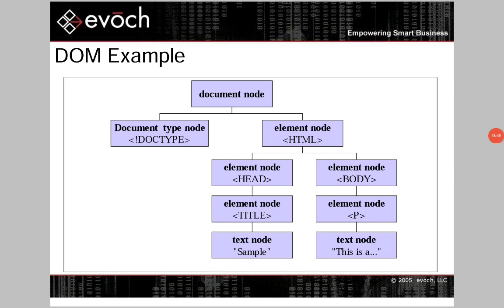This is the structure of a DOM example. The document node means an HTML document. It contains two parts: document type node and element node. Element node means the HTML page. Again, the HTML page contains head and body sections.